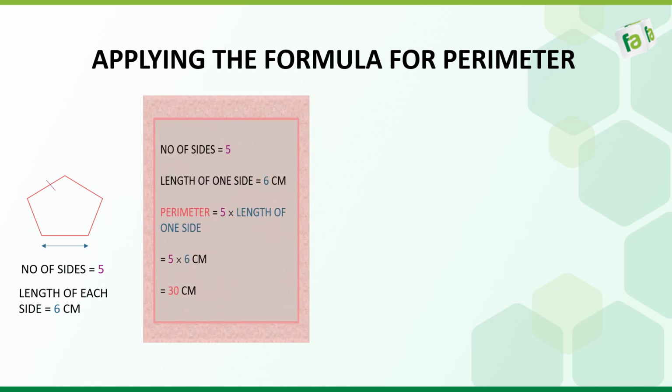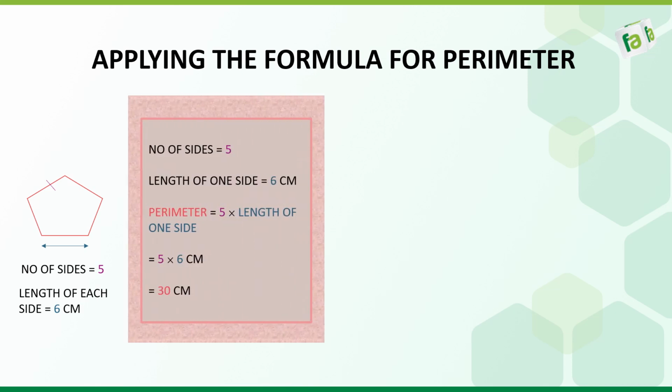So, perimeter of a pentagon is equal to 5 multiply by length of one side, which is equal to 5 multiply by 6 centimeters, which is equal to 30 centimeters.